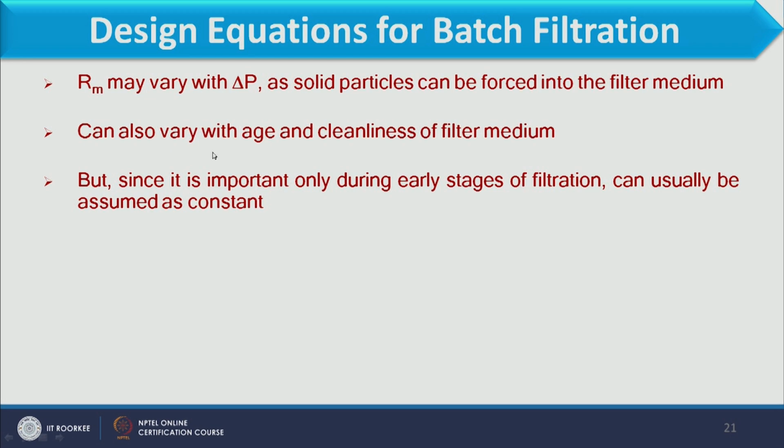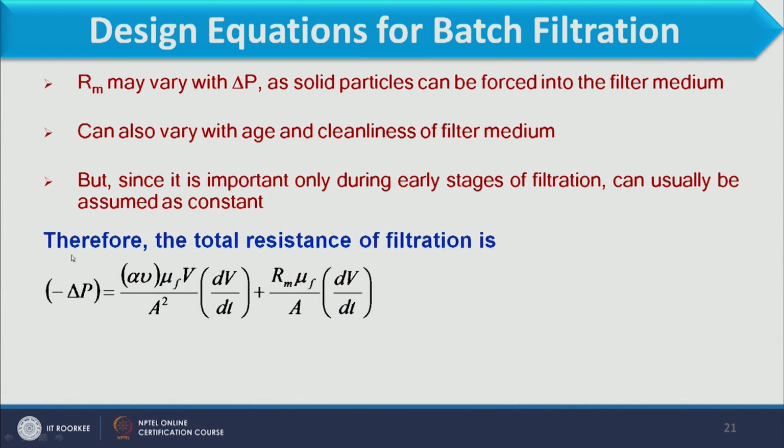Now it can also vary with age and cleanliness of the filter medium, but since this is important only during the early stages of filtration, it can usually be assumed as constant. So usually we assume the Rm factor as constant, and therefore the total pressure drop of the filtration is the sum of the pressure drop across the cake and across the media.